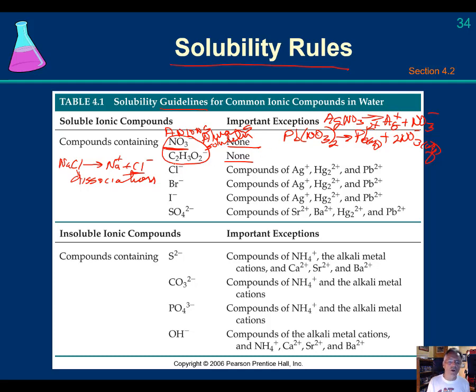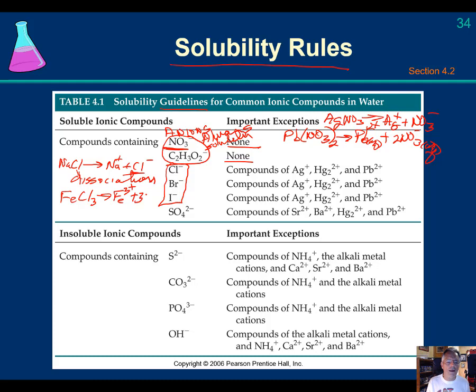Let's take a look at chlorides, bromides, and iodides. Now, they're mostly soluble. So you could see here, sodium chloride is soluble. I could have, let's say, iron 3 chloride. That's going to be a soluble, strong electrolyte.